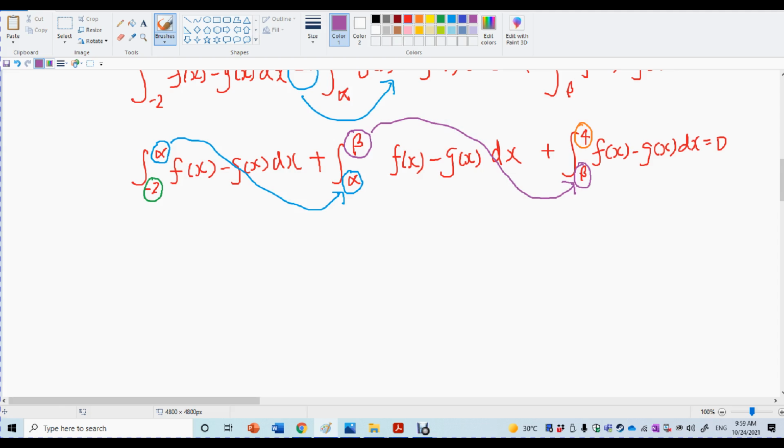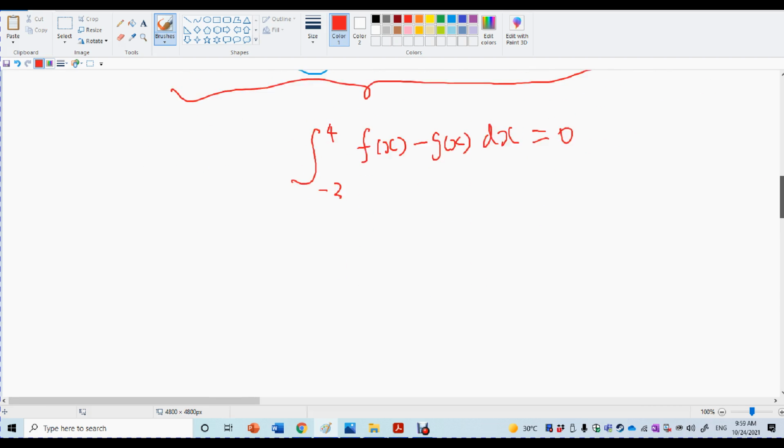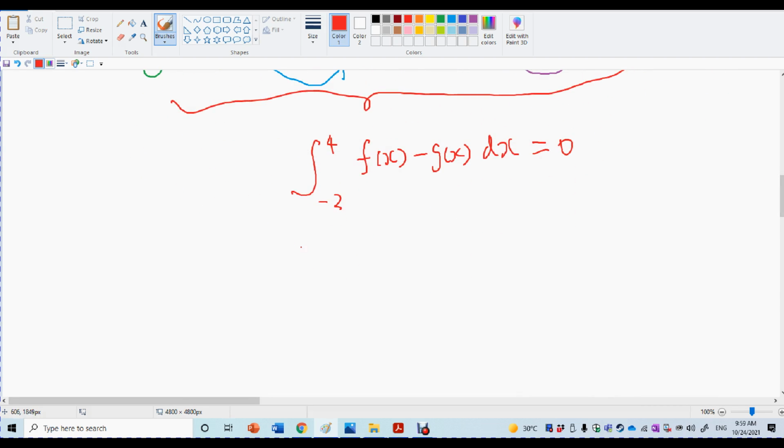So let's combine them all together as one integral from -2 to 4. The good thing about this is you get rid of the unknowns alpha and beta, and you make the integral much easier.